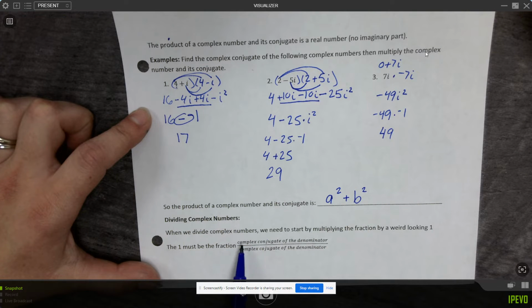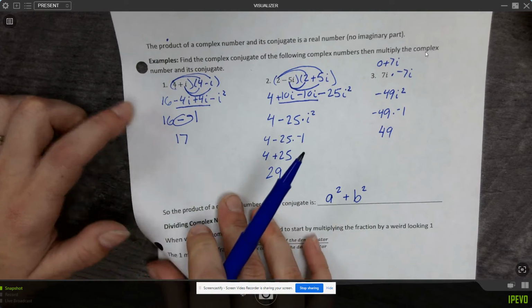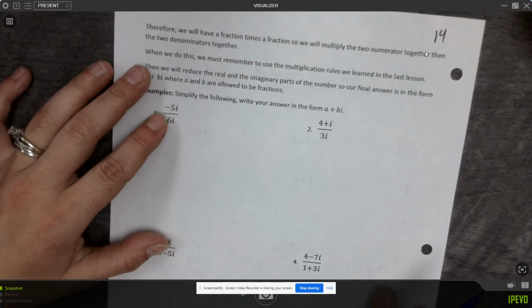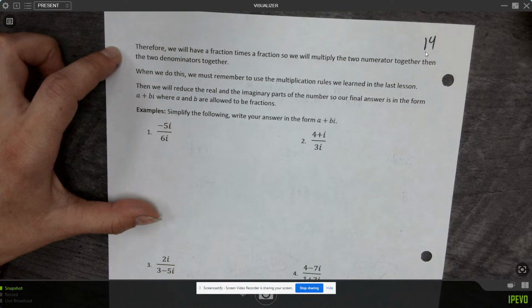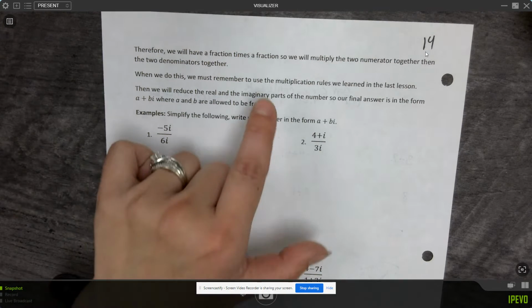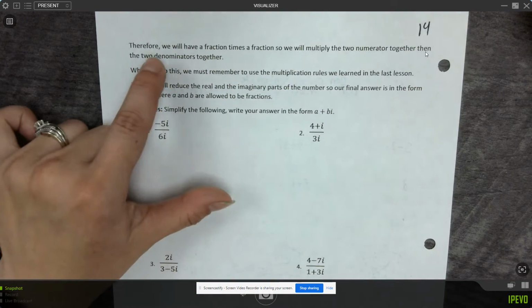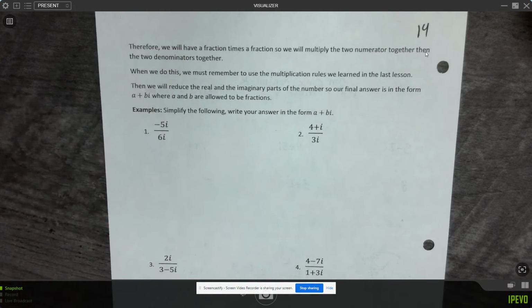I want to multiply a fraction of something over itself, because something divided by itself is 1. And that something is the complex conjugate of the denominator over the complex conjugate of the denominator. So then we're going to have a fraction times a fraction. And when you do that, you multiply your two numerators together and your two denominators together, and then simplify.